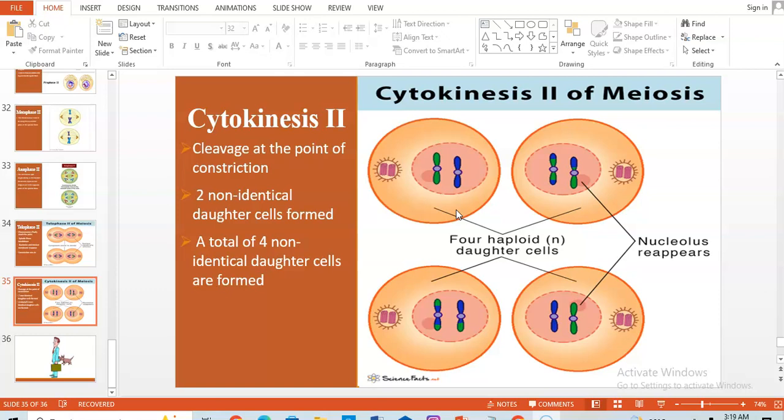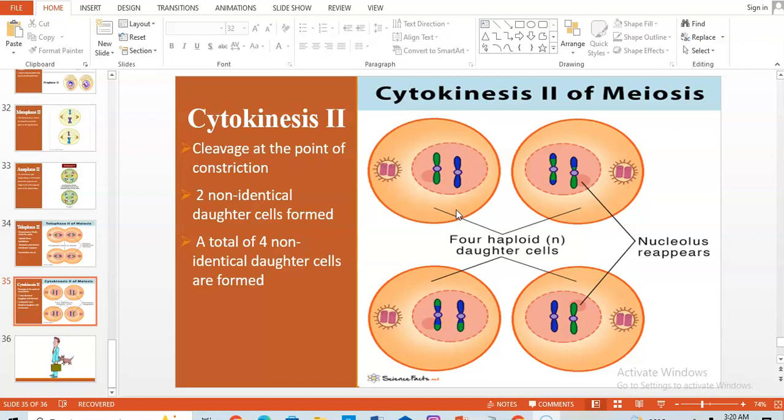So from the first, you have two cells, and those two have 23 paired chromosomes, that's 23 bivalent chromatids. Then each of those cells will go into division, so that at the end, when there's a splitting at anaphase, you now have two cells from each, that's 4 cells altogether, having 23 single chromosomes.